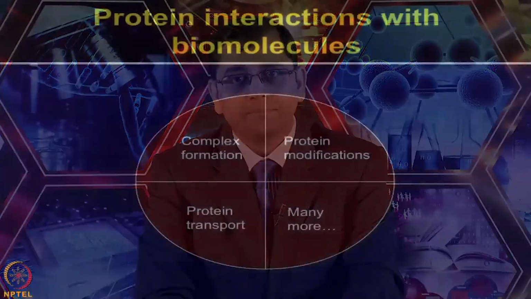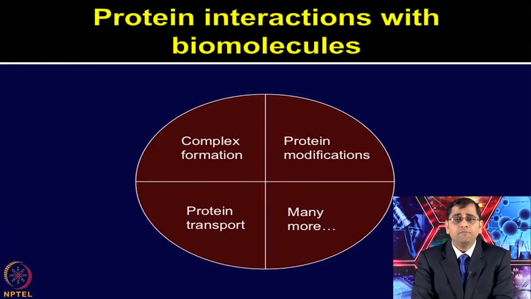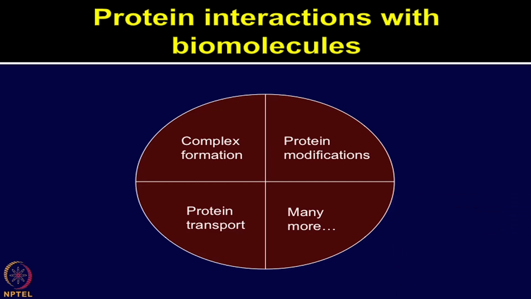Proteins interact with a variety of biomolecules. The interaction of proteins with another protein or other biomolecules helps to perform these functions. These proteins after interactions form complexes that modify the proteins, help in protein transportation as well as many properties in which they are involved.